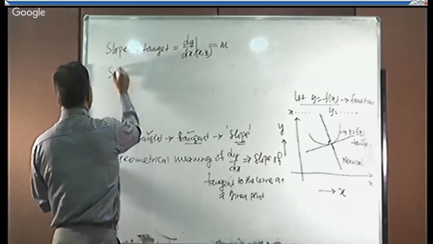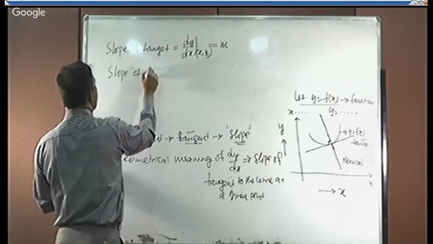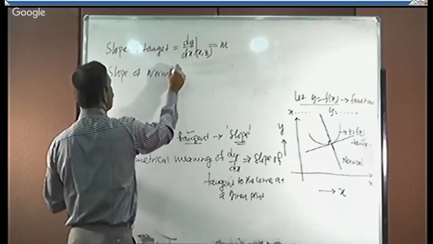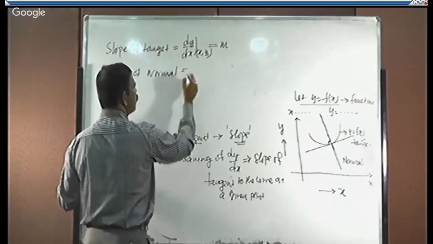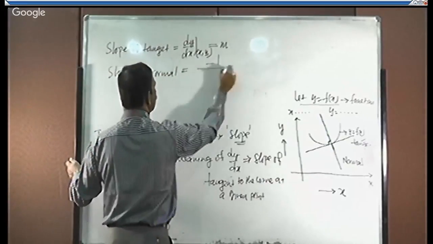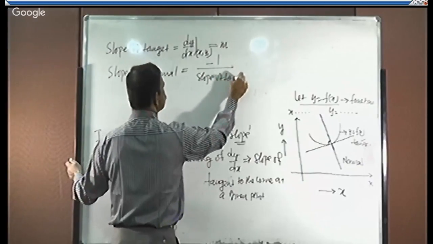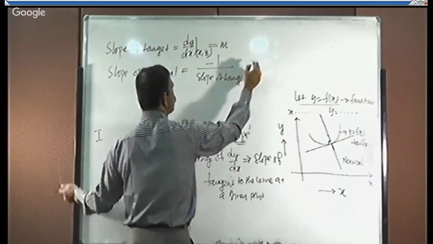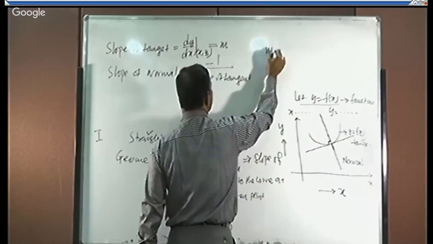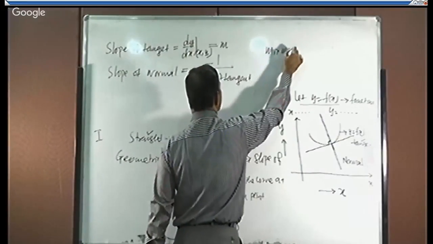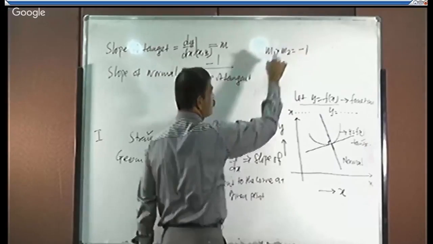Right? The slope of normal is minus 1 divided by the slope of tangent. As we learned in the first unit, for perpendicular lines, the product of slopes is minus 1.